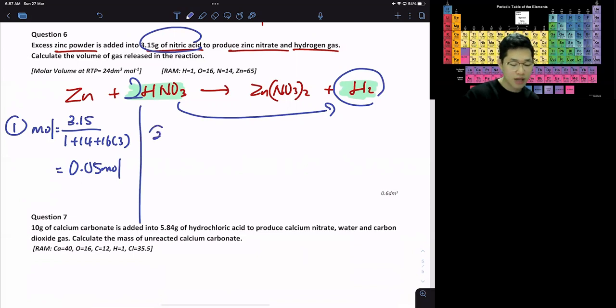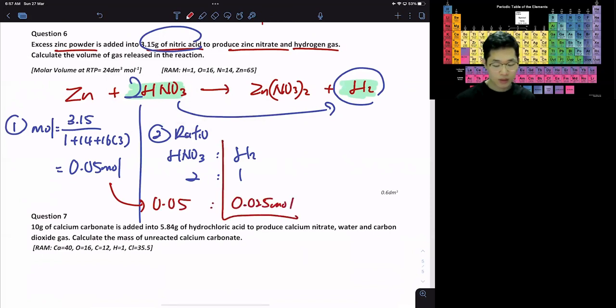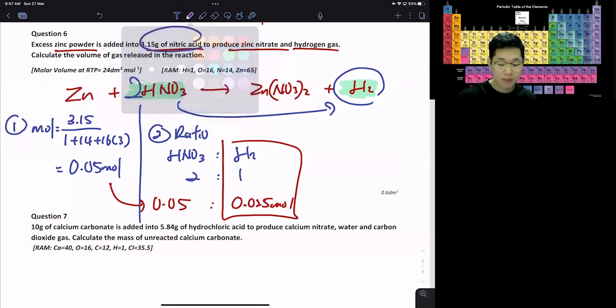Second step, ratio. From HNO3 compared to H2, the ratio is 2 to 1. So bring the number here, 0.05 to 0.025. This is the mole of H2 produced.